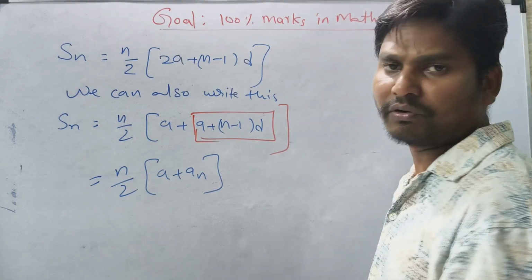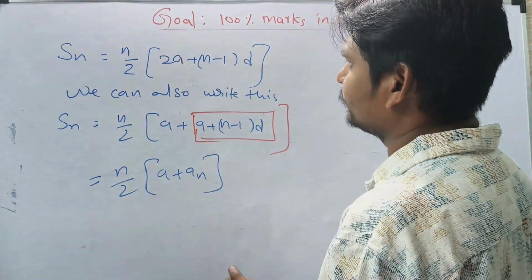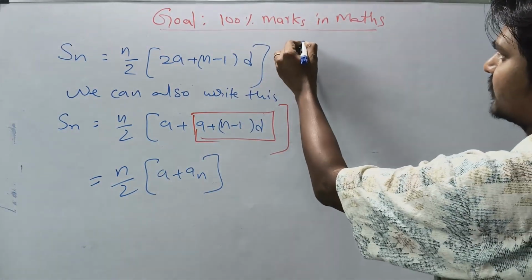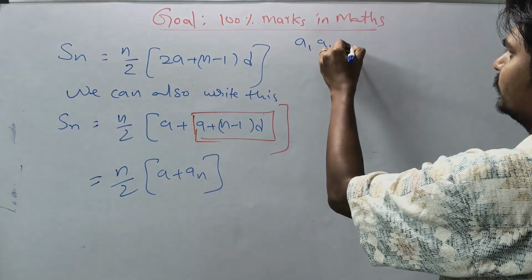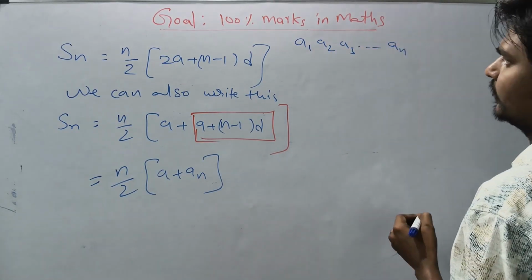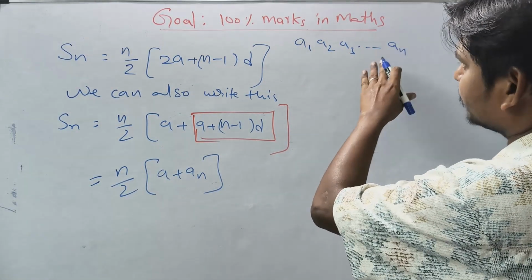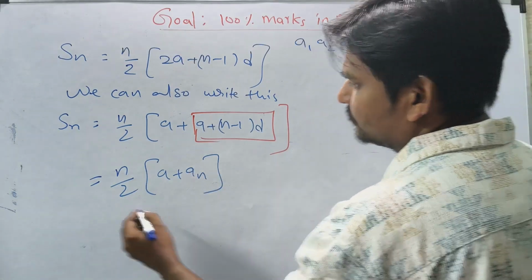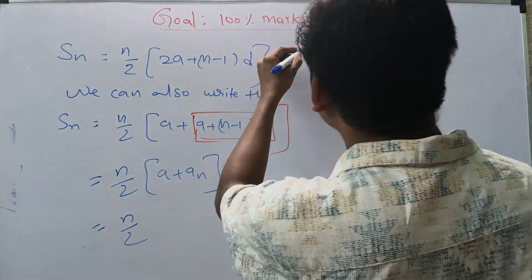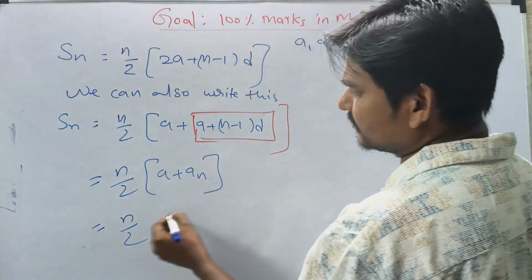How can we represent the last term of the AP? If you take the AP, we can represent it as a1, a2, a3 and so on, an. Now in this, n by 2 into a, where a1 is nothing but a, the first term only.